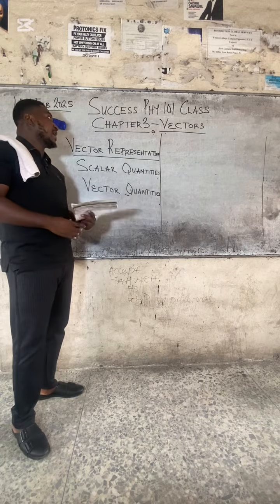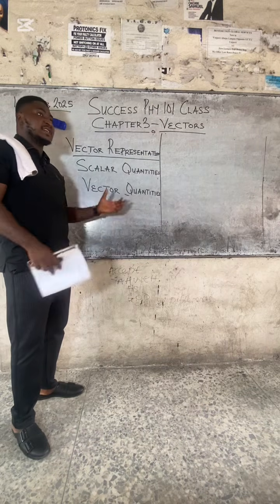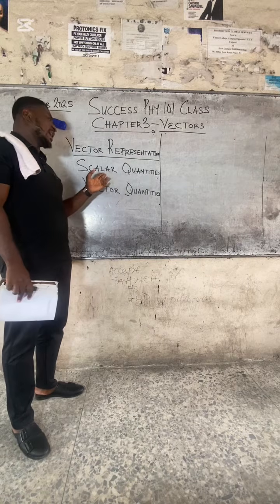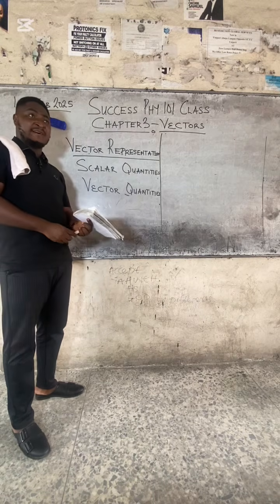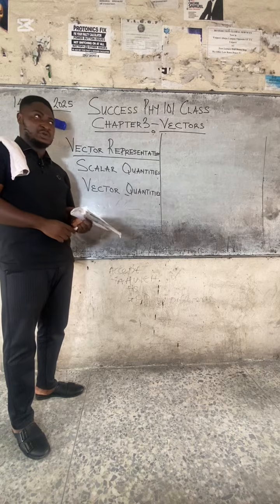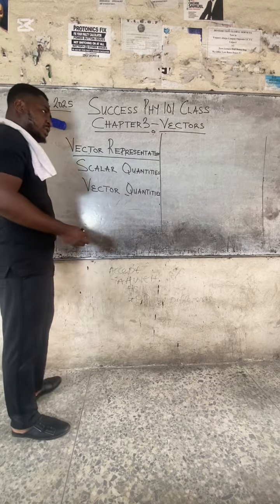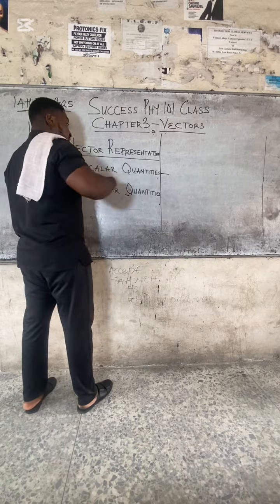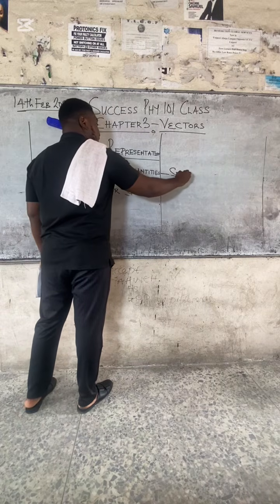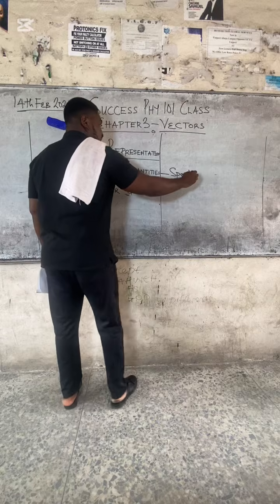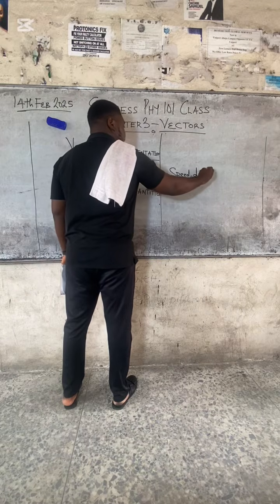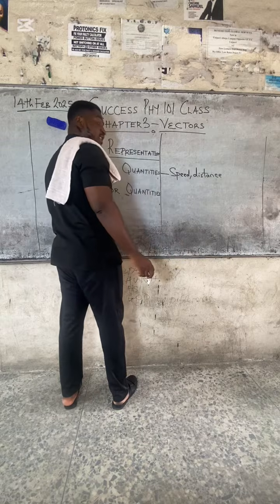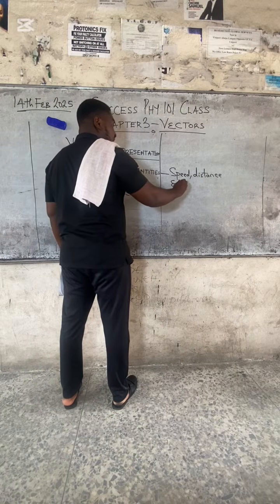So class, in this chapter, we want to be studying vectors. But first, before we understand vectors, we must understand examples of scalar quantities, quantities that have magnitude but no direction. Speed is a scalar quantity. Distance is a scalar quantity.